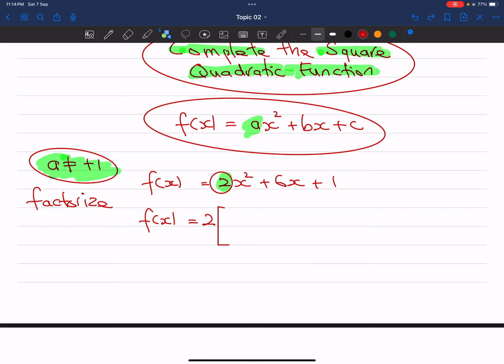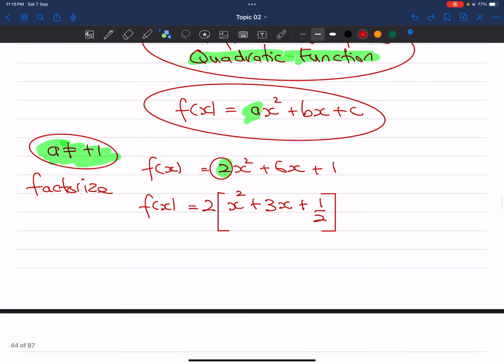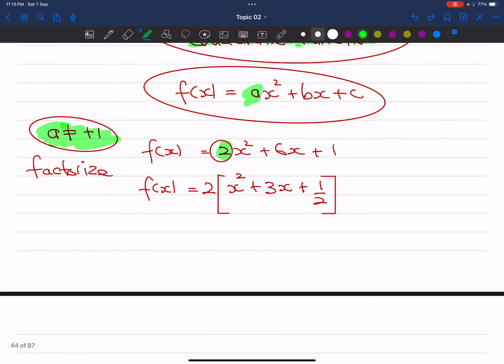Now 2 divided by 2 is 1, so I get 1x squared plus, I put back the plus, and then 6 divided by 2, which is 3, put back the x, plus, and then 1 divided by 2 is of course 1 over 2. I close with the square brackets.